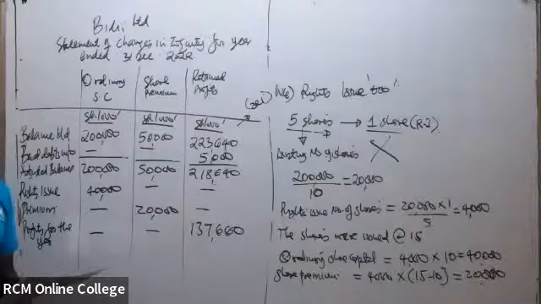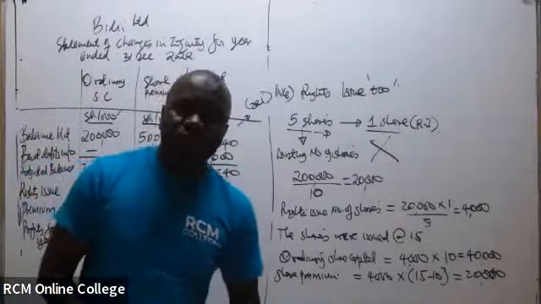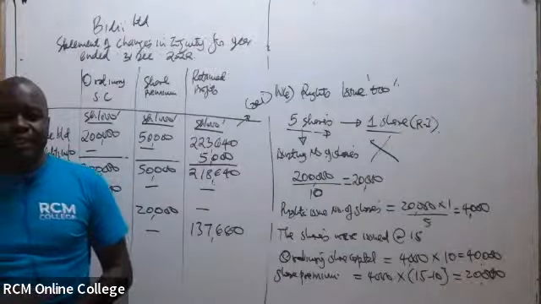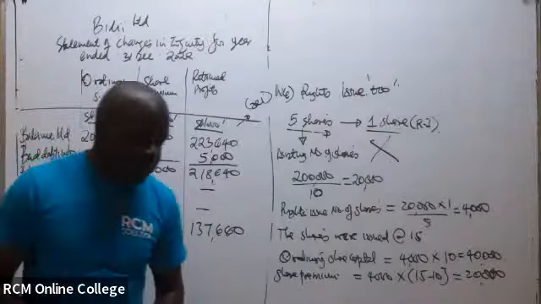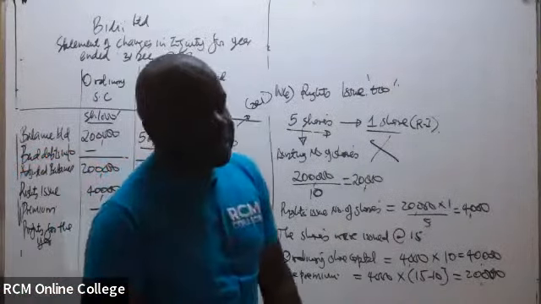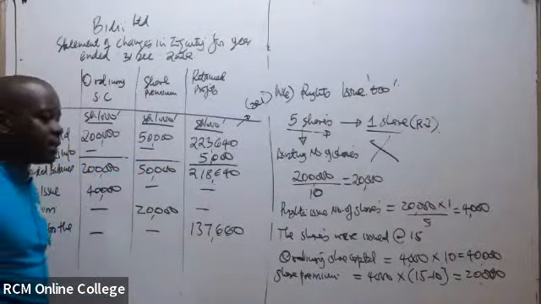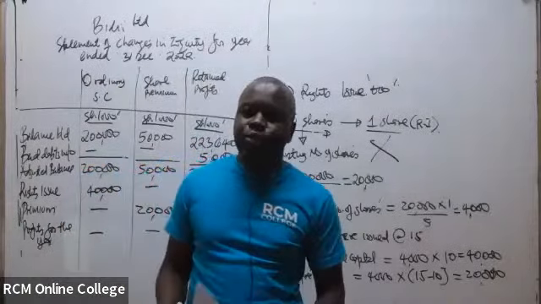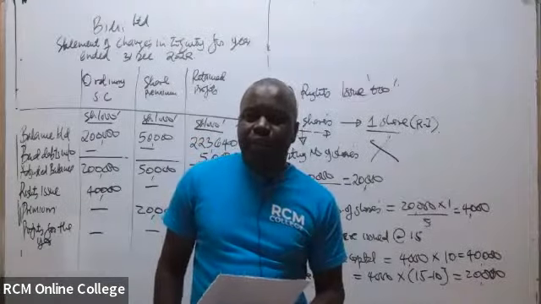What if the shares are issued at a value less than the par value? That is what we call issuing the shares at a discount. That will simply mean that you've allowed a discount, and you'll have to go into your pockets to cover for that discount.